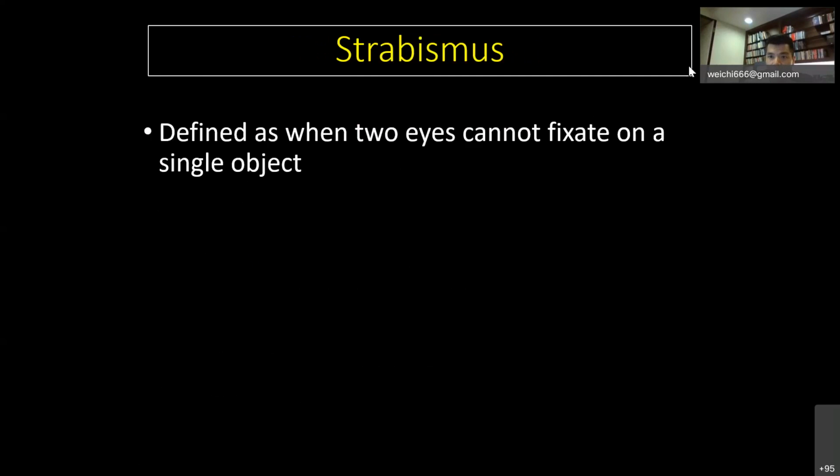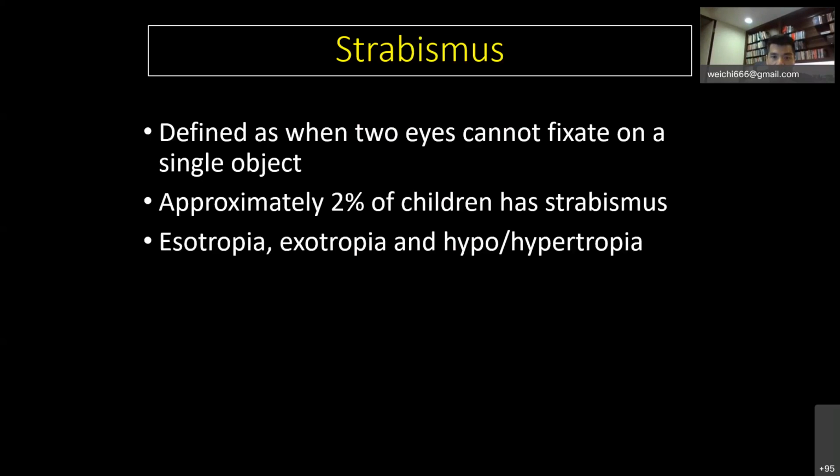So strabismus is defined as when two eyes cannot fixate on a single object. It happens in approximately 2% of children. It could be esotropia, exotropia, hypotropia, and hypertropia.